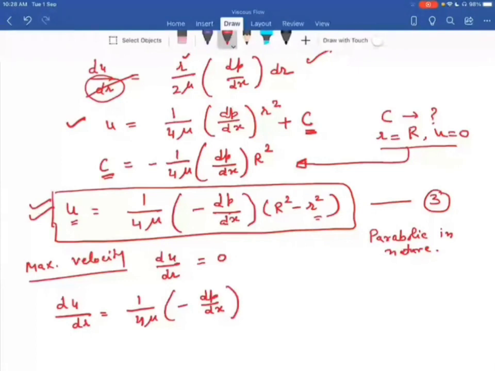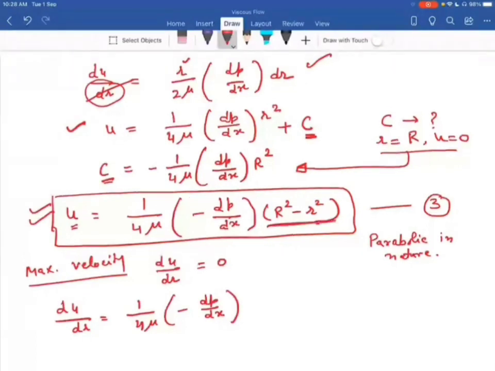I have to differentiate only this term. Capital R is constant, so the differentiation of the constant term is 0. Then for r square, I can write minus 2r. So I differentiate equation 3 with respect to r, and I have this relation now. Now put this equal to 0.